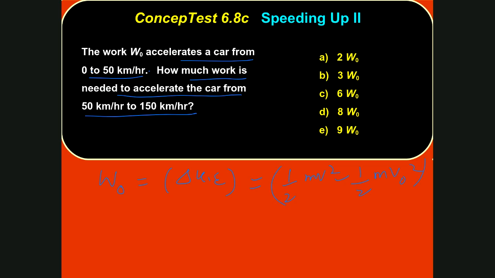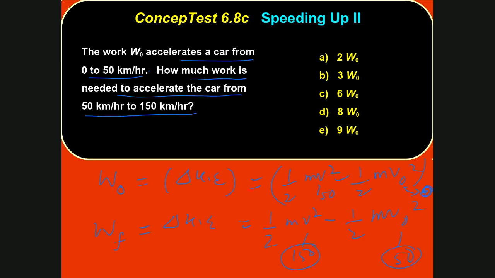Then the final work, when he's accelerating the car, the change in kinetic energy is again 1 by 2 mv squared minus 1 by 2 mv naught squared. Here v naught is 0, starting from rest, and this is 50. For the second case, the change from 50 to 150 is 3 times, because 3 times 50 is 150.